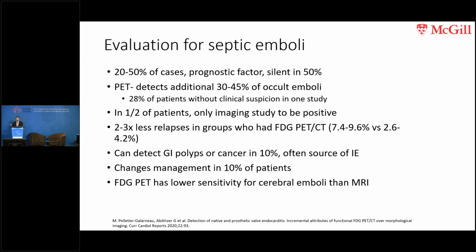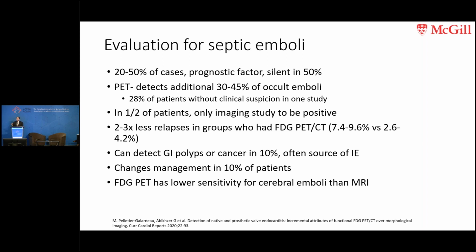We detect GI polyps or cancer in about 10% of the cases, which is often the source of the infective endocarditis. It's very common to have septic emboli, 20 to 50% of the cases. It's a prognostic factor, often silent, and it changes management.